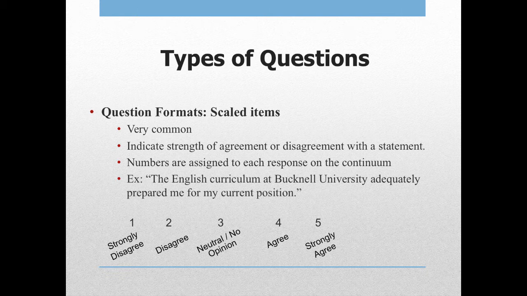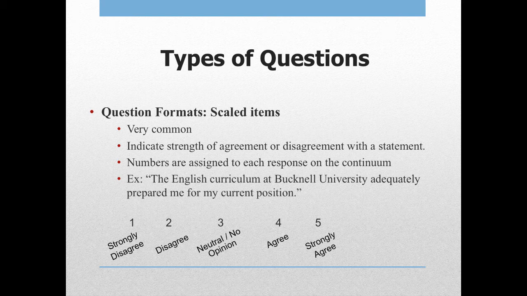Imagine if I asked, the English curriculum at Bucknell University adequately prepared me for my current position, yes, no. And I said, no. What does that tell you? It tells you that I'm not adequately prepared, but it doesn't give you any nuance at all. Are they just emphatically no, or are they just sort of meh no? What if I said yes? Are they out there doing a jam up job in the world? Are they struggling?